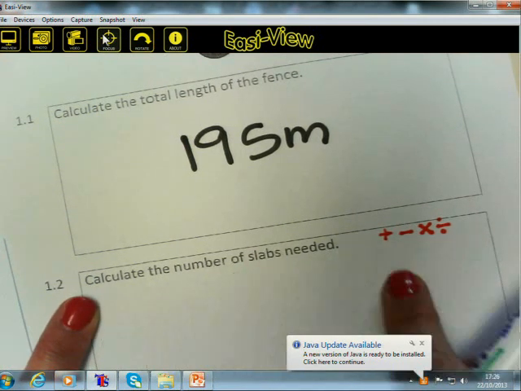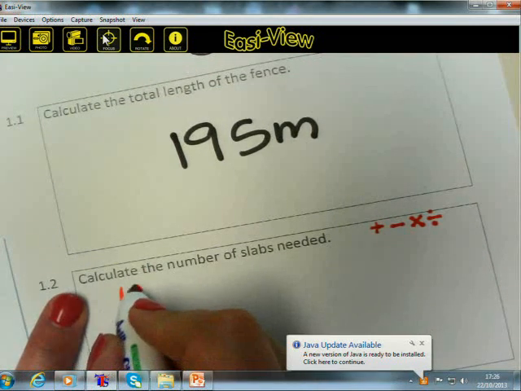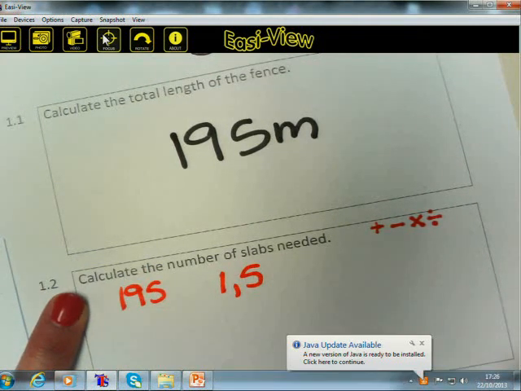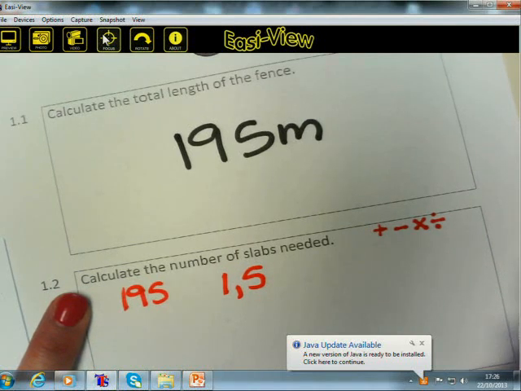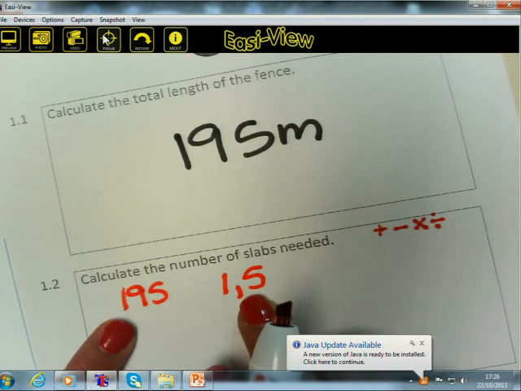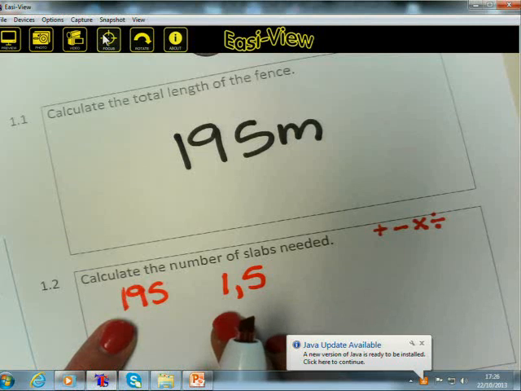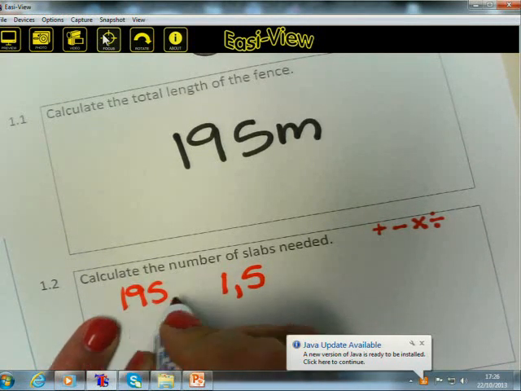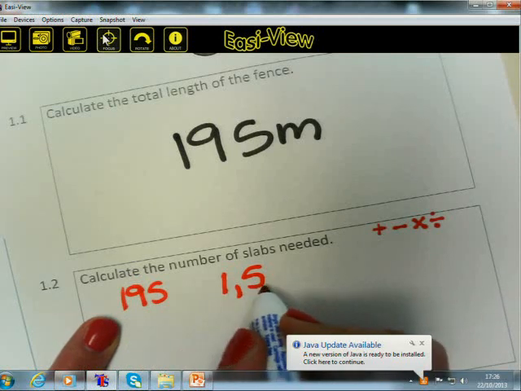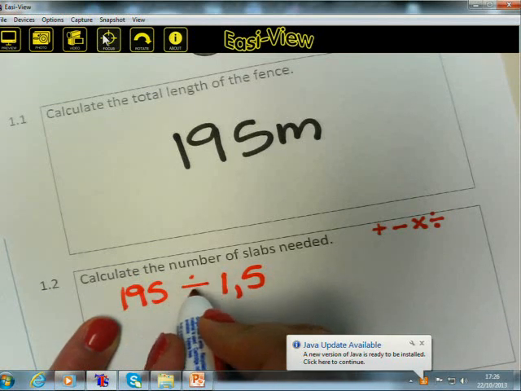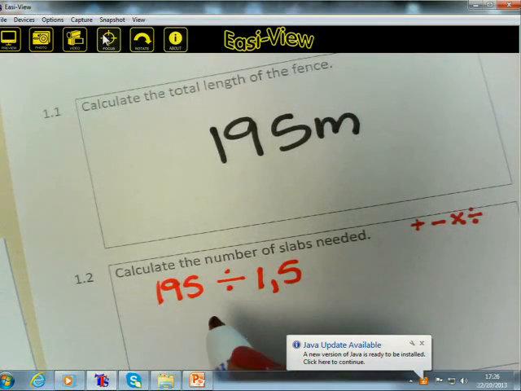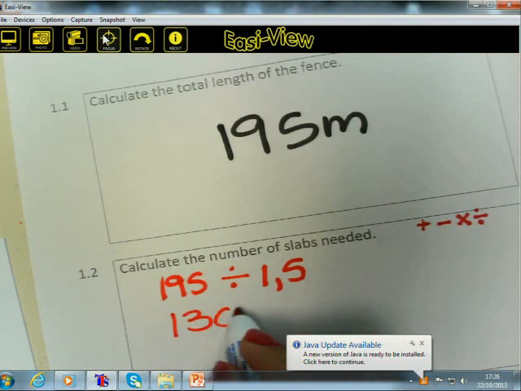I have the full distance is 195 and one panel is 1,5 meters. Now what am I going to do? I cannot add the two. I cannot subtract it. I cannot multiply it, but I'm going to divide that 195 meters into 1,5 meter panels. So the calculation that you're going to do is division. And then you get the answer. You will need 130 panels.